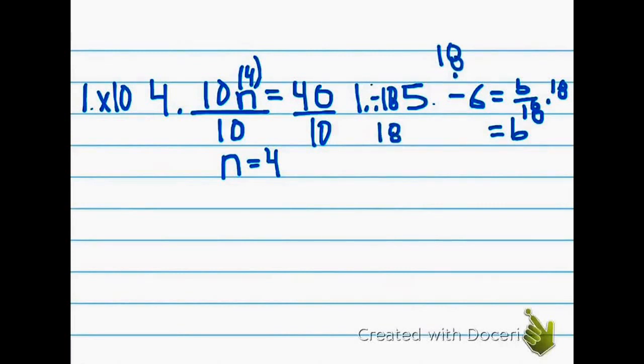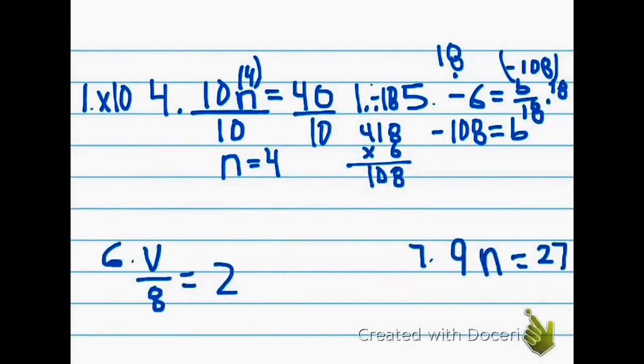So 18 times 6, your answer will be negative 108. Once again, you could check that by plugging in negative 108 in the b. Pause the video and try solving 6 and 7 on your own.